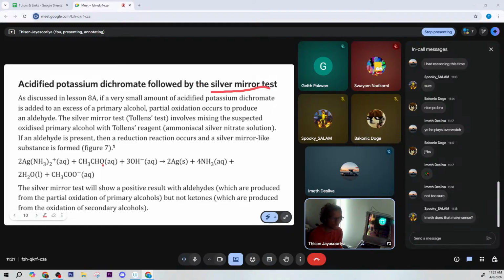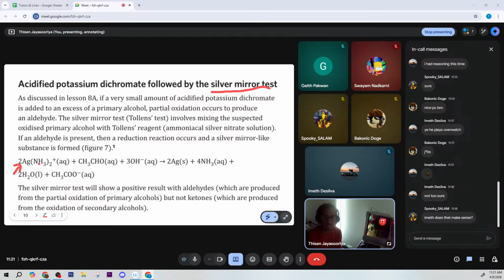Essentially what we do is react the aldehyde with silver plus NH3, the silver ammonium ions, I'm not exactly sure what the name is.